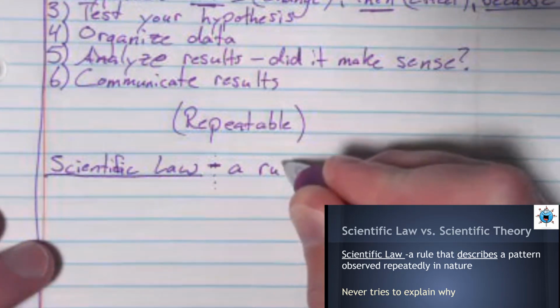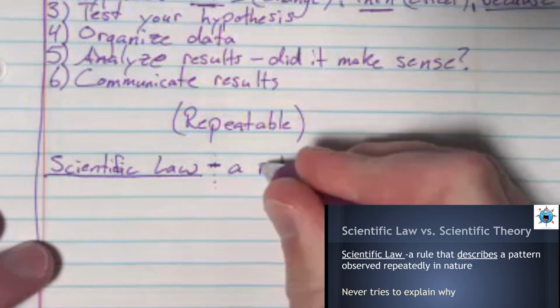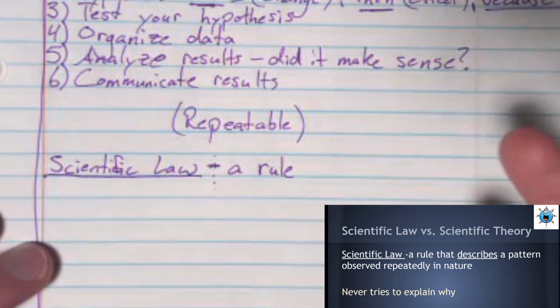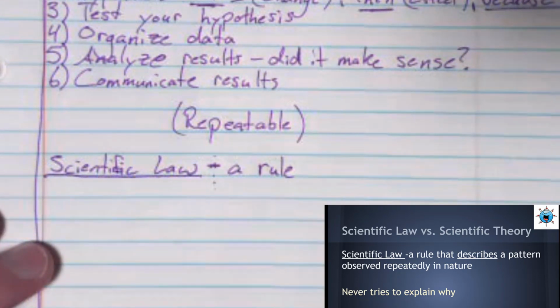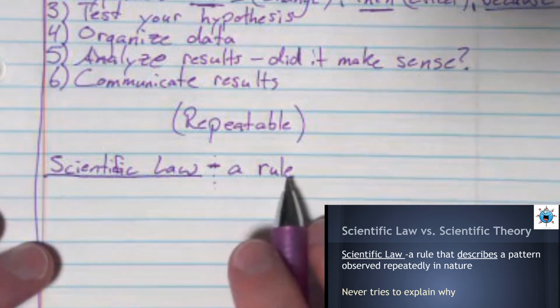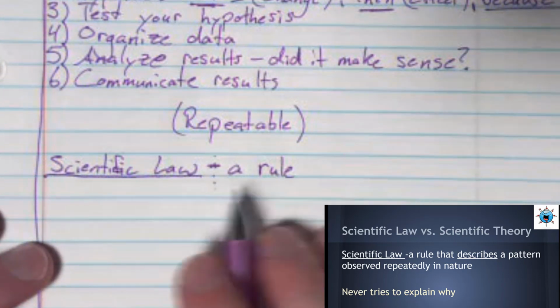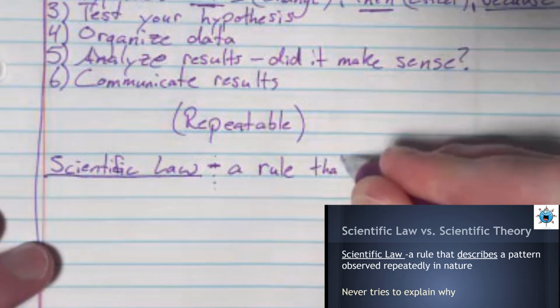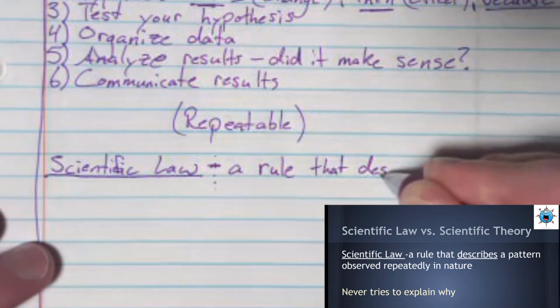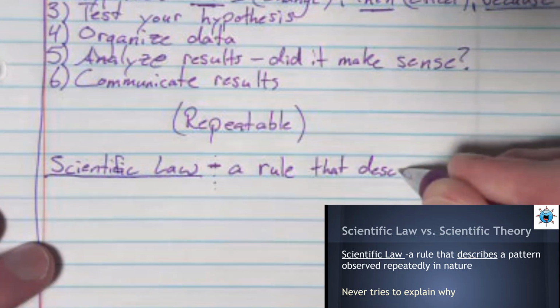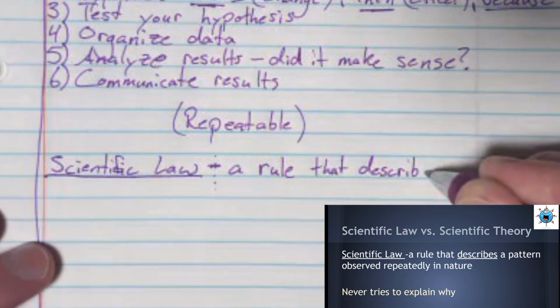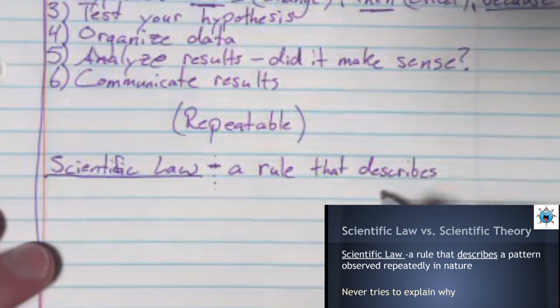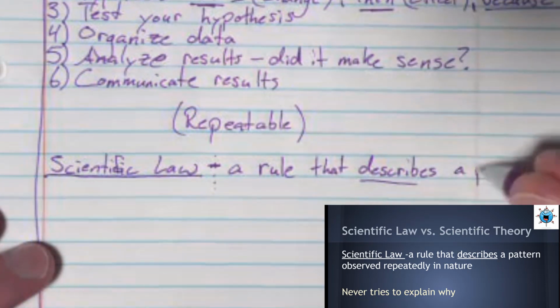That's kind of the important word there. Also, I guess the describes part, but it's a rule. So a rule and a law, those are the things you should really kind of connect together. So the rule that is describing, rule that describes, underline that, a pattern.